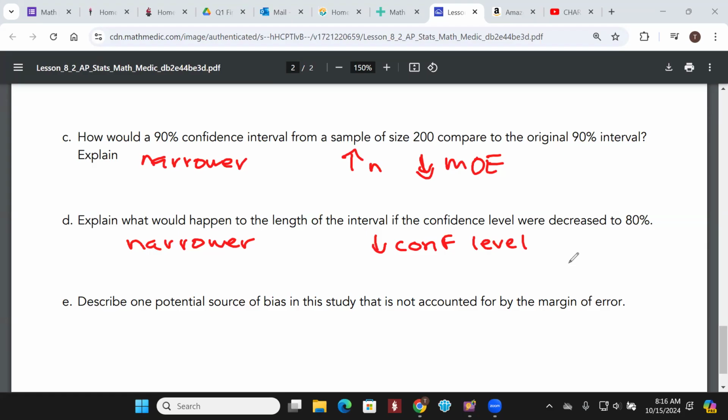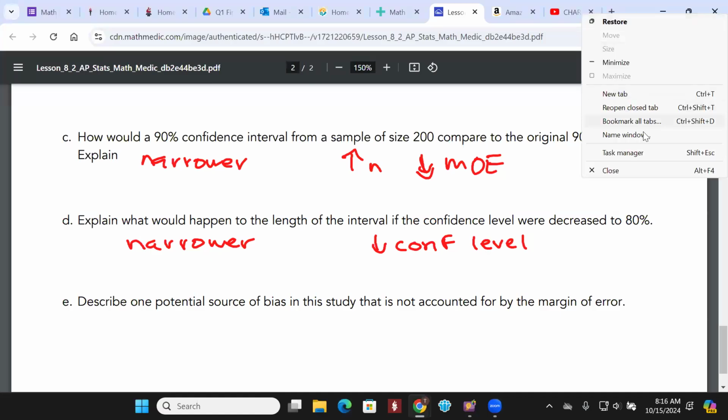If we decrease the confidence level, what happens to the margin of error? It would decrease, right? It would be a smaller one.